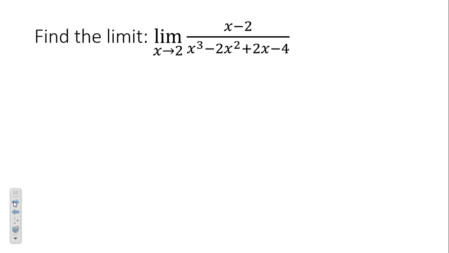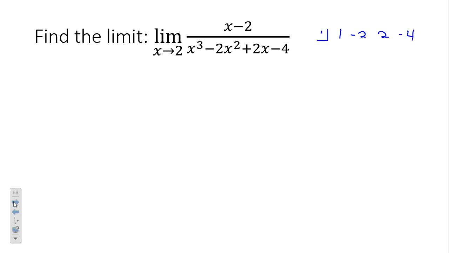We know we have a problem if the denominator becomes a 0, right? So let's do a quick synthetic division test to see what's happening here.